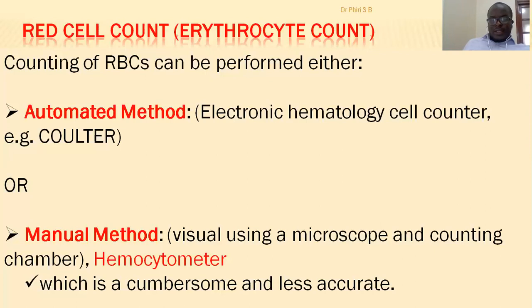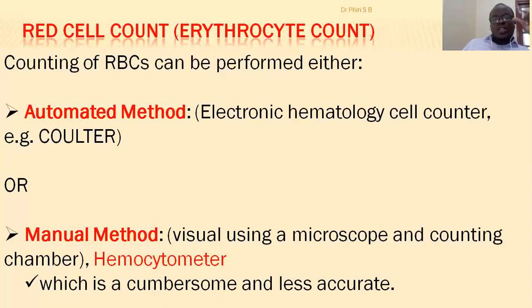It's very important. So with this manual method, you are using a visual microscope to view the red blood cells and to count them. So you have a counting chamber. You have a special slide, which is called an improved Neubauer slide or chamber slide, that is used for counting blood cells in general.